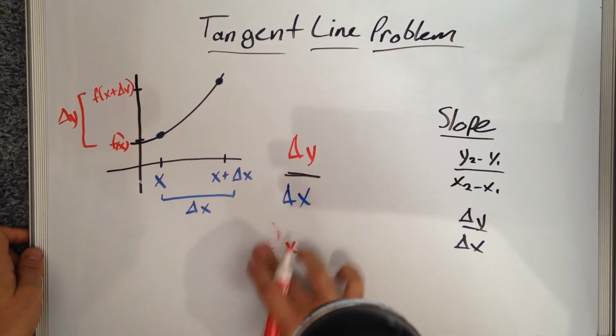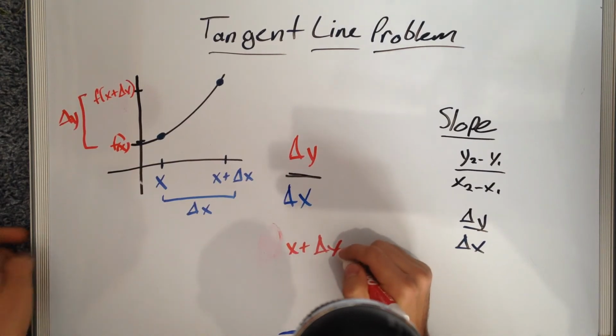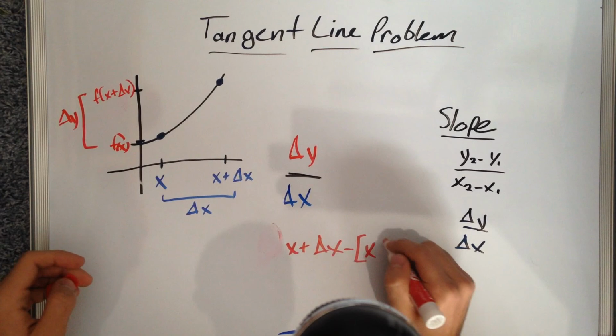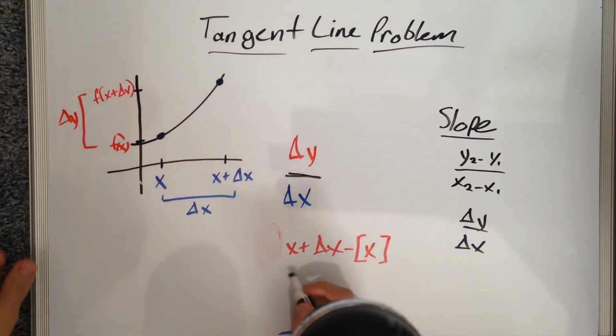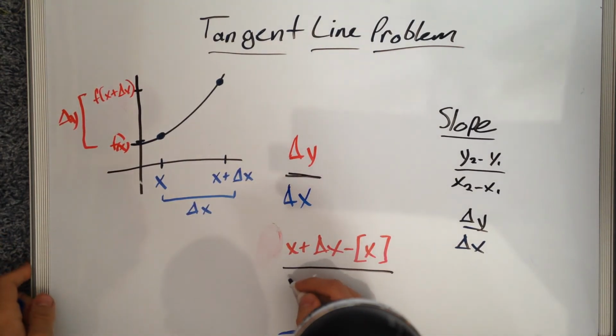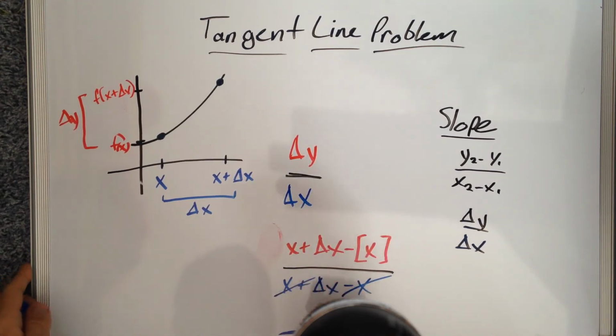Actually, we don't need the function anymore. No. f(x plus delta x) minus f(x). I'm going to put this in brackets for right now, and we'll discuss that later. That's going to be all over delta x, which is x plus delta x minus x. And these two x's right here are just going to cancel out.